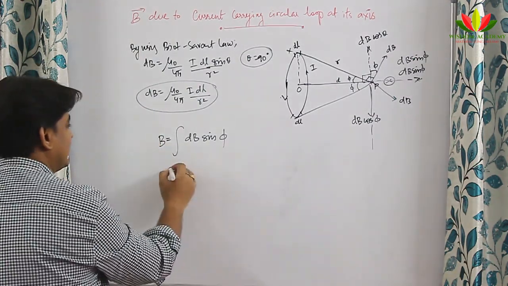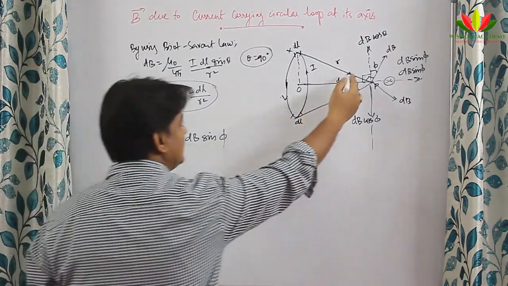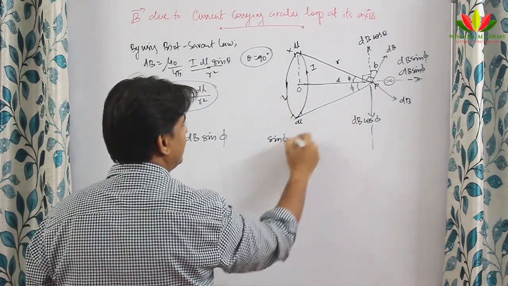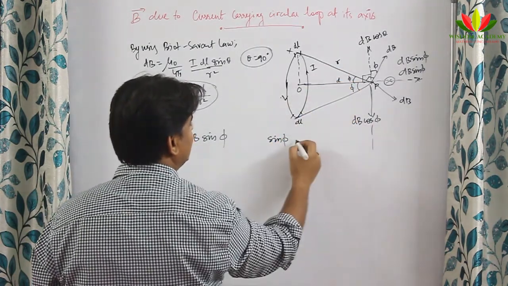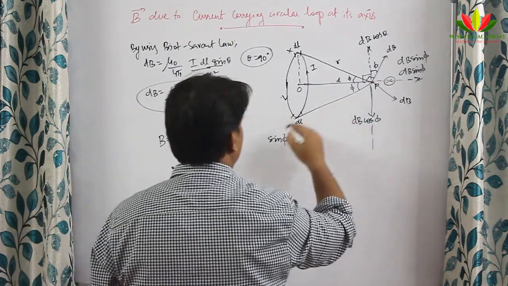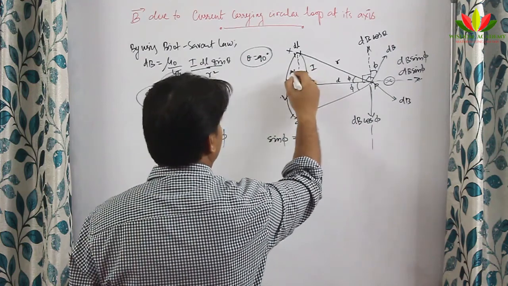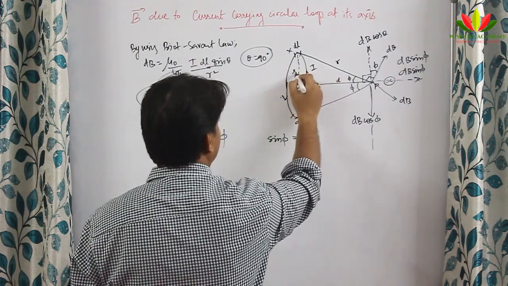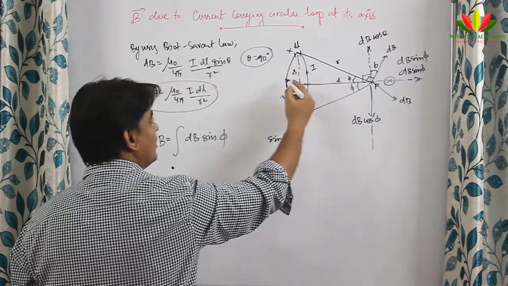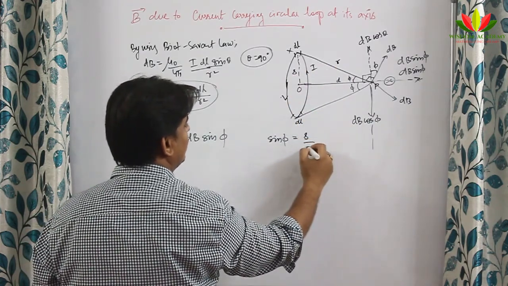So now let us try to write sin phi in terms of this d and r. This is phi. Let this distance be s, so sin phi will become s by r.